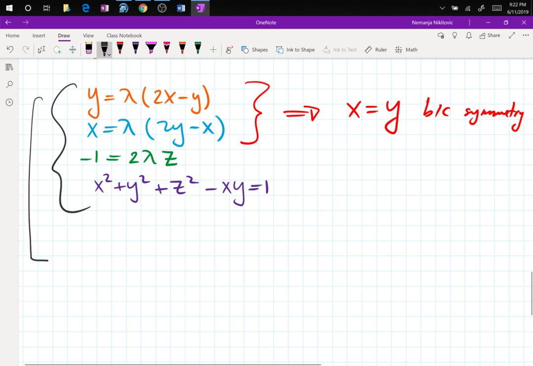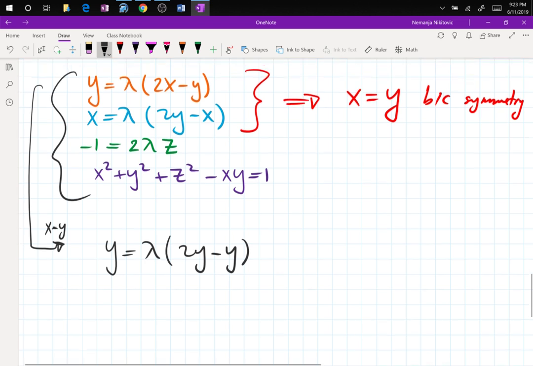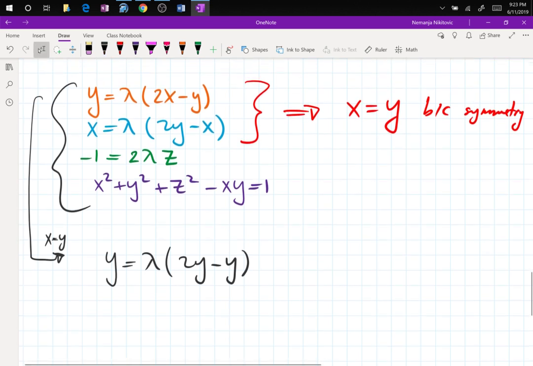So from equation 1, I'm going to write y equals lambda times 2y minus y. And that gives me the new equation 1: y equals lambda y.